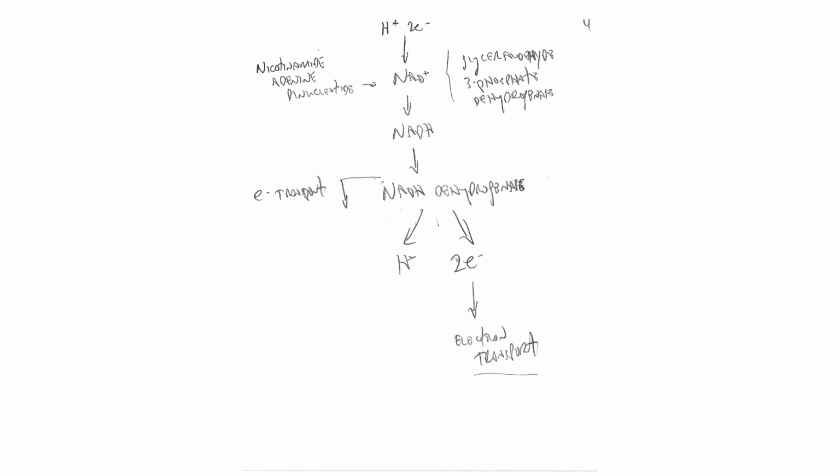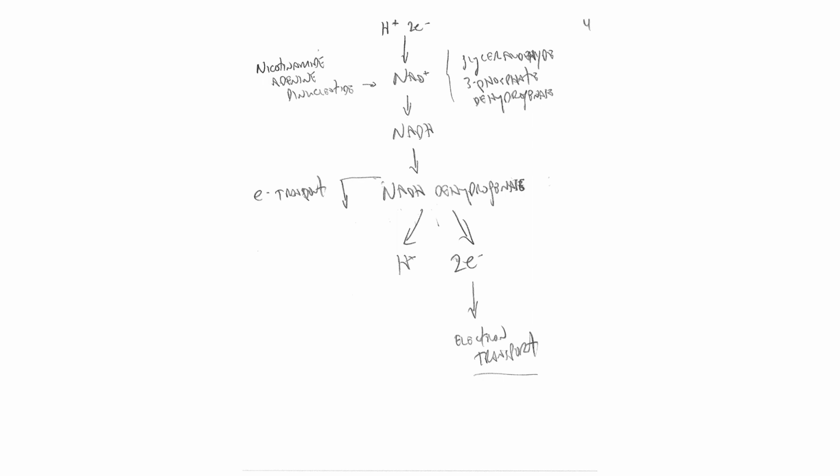They don't float around freely, but are attached to NAD plus by an enzyme called glyceraldehyde 3 dehydrogenase. It takes the protons and the electrons and adds them to NAD, which is nicotinamide adenine dinucleotide, another nucleotide, basically. The NAD takes the protons and electrons and is converted into NADH. So the electrons and protons are never freely floating.